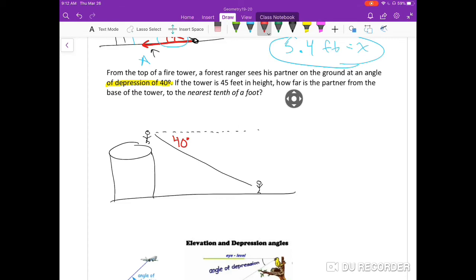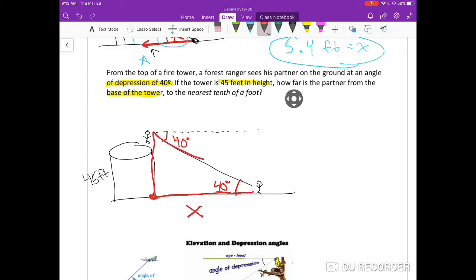As we said before, the angle of depression and the angle of elevation are the same exact thing, so we can put them in the same spot. The tower is 45 feet in height. How far is the partner from the base of the tower? This is important: the base of the tower is here, so this is the distance I'm looking for.